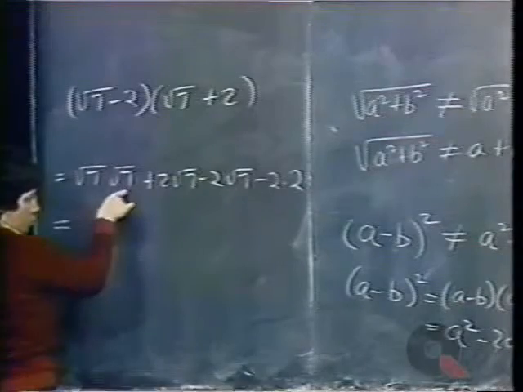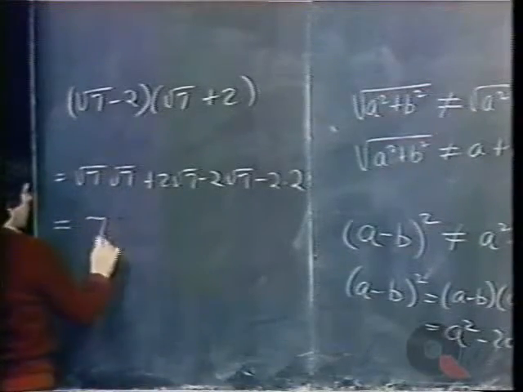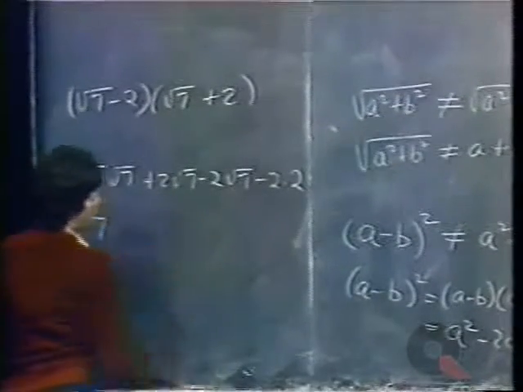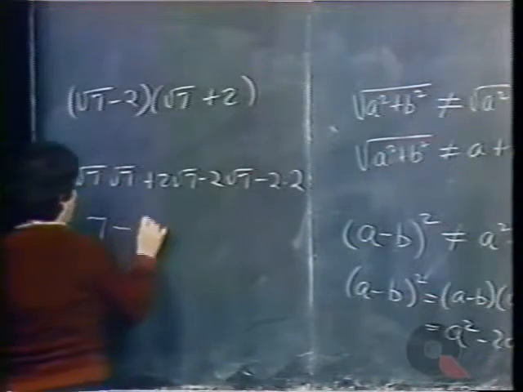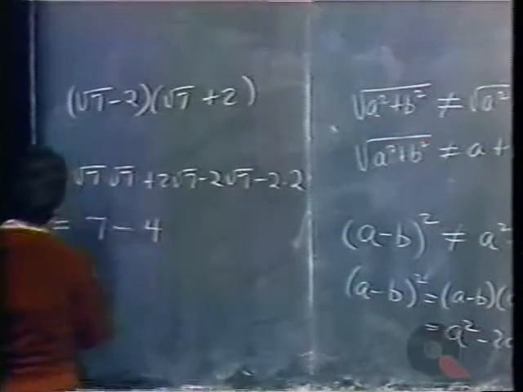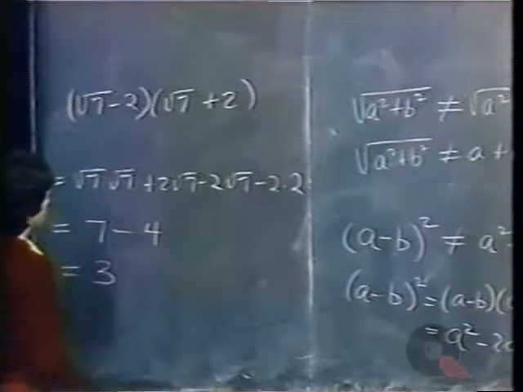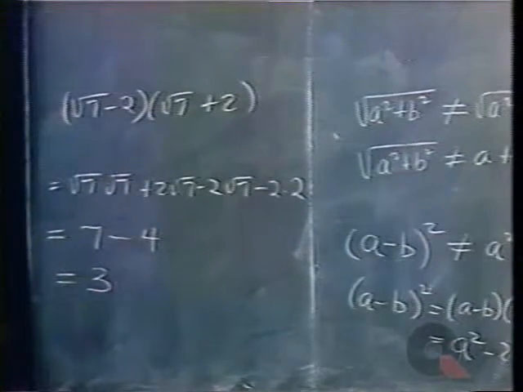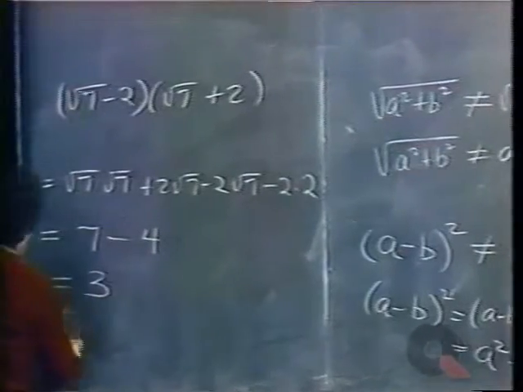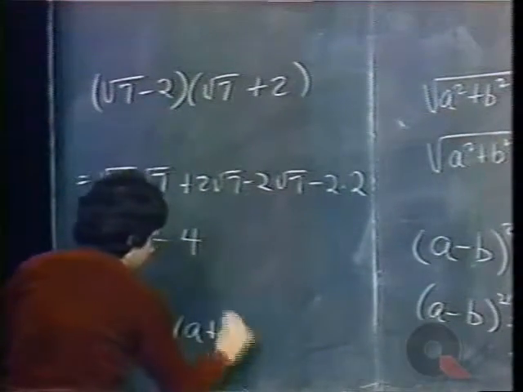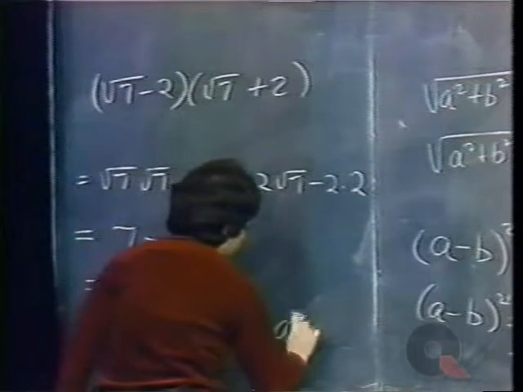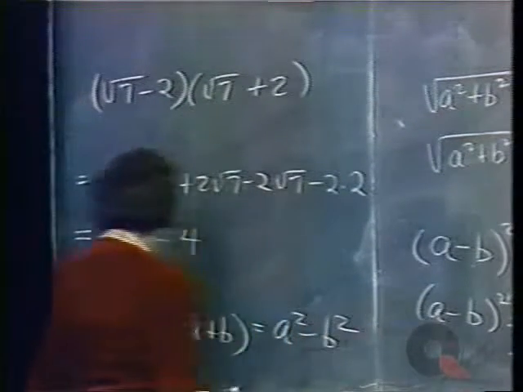Giving us the square root of 7 times the square root of 7, 7. The outer and the inner drop out: plus 2 the square root of 7 minus 2 the square root of 7 gives you 0. Minus 2 times 2, minus 4, gives us 3. This is a consequence of the fact that a minus b times a plus b is a squared minus b squared.